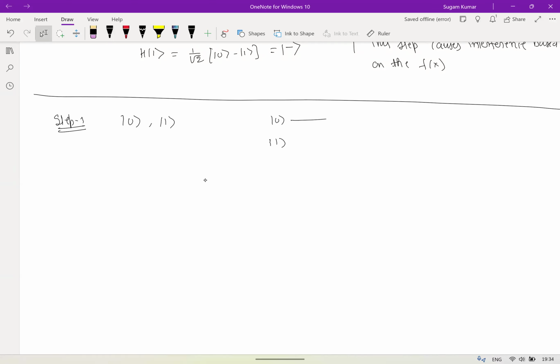And I'm going to apply the Hadamard gate on both. So here, the state is going to become plus, and this is going to become minus. At this location, if I write down the combined wave function, this is going to be a tensor product of these two.